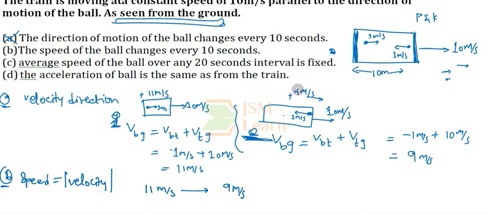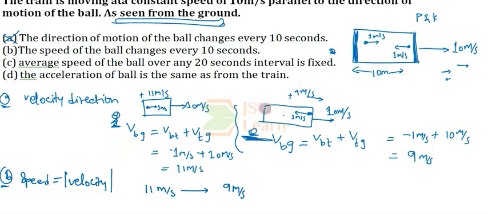Because the ball bounced back. So we need to find how much time the ball took to bounce back. When we find this time, we can indirectly find the time required for the ball to change its velocity from 11 to 9 meters per second.